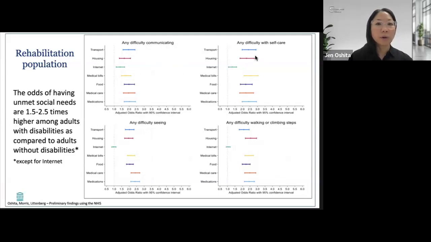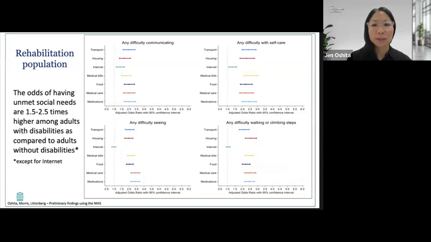And you can see that for all of these needs and across disability types, with the exception of internet, the odds of having unmet social needs are higher for people with disabilities as compared to those without disabilities. The 1 odds ratio line means there's no increase in the odds when you're comparing the 2 groups. So we have the point estimates here, and then our confidence intervals here.